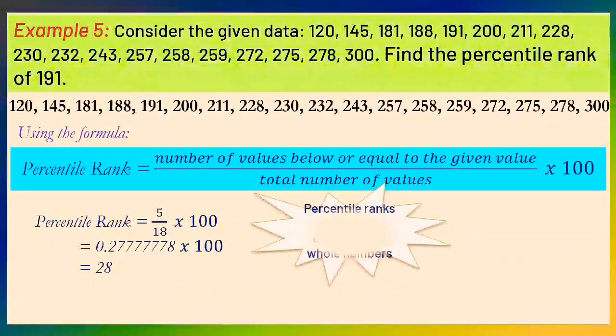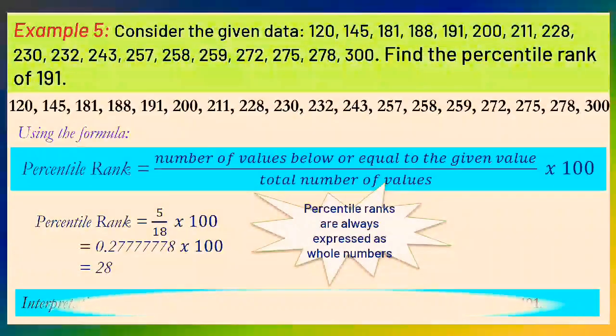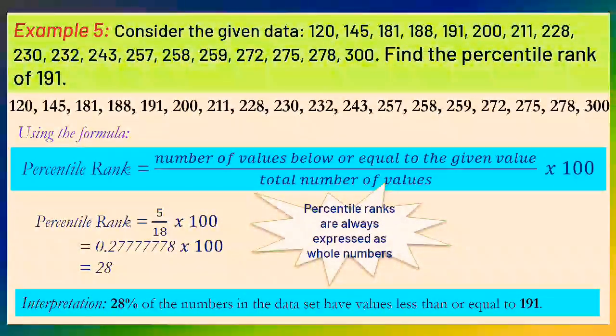So take note, class, that percentile ranks are always expressed as whole numbers. So therefore, it only shows that 28% of the numbers in the data set have values less than or equal to 191.